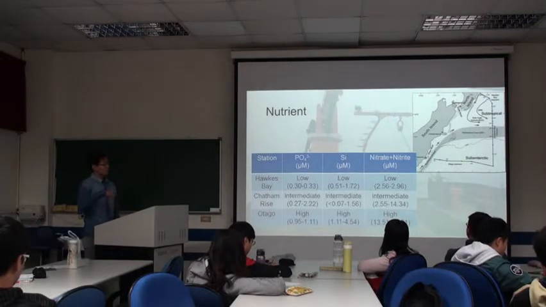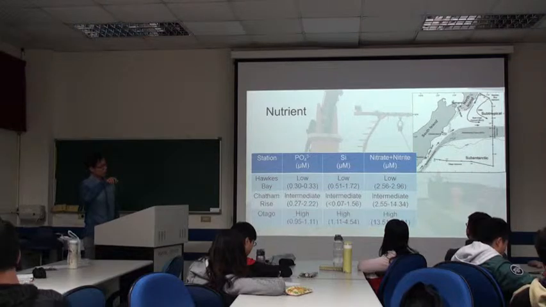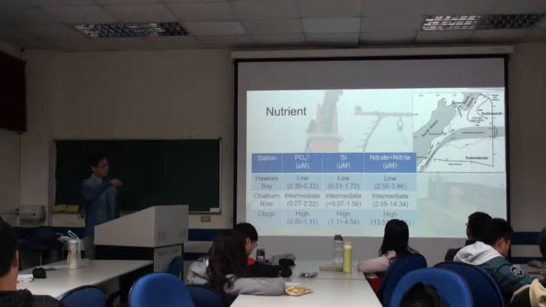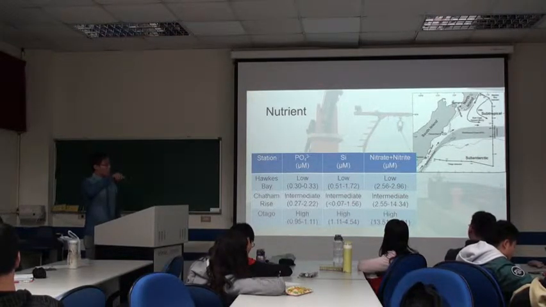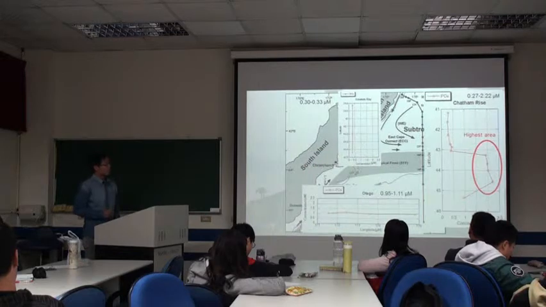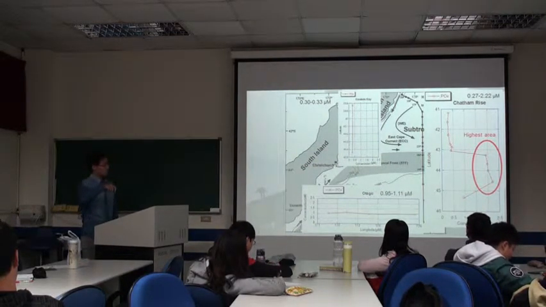The nutrients are all low in Hawke's Bay, the North Station, and high at Otago in the sub-Antarctic water. We can see the pattern is relatively constant, but the highest area is in the STF.